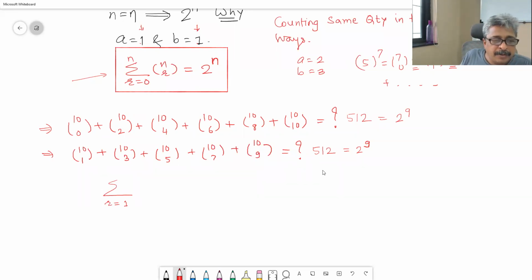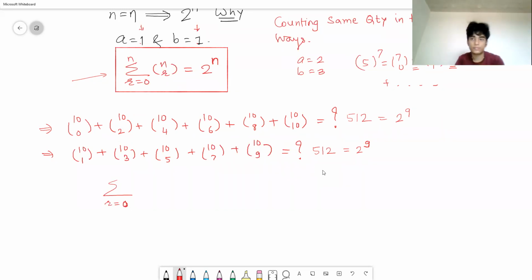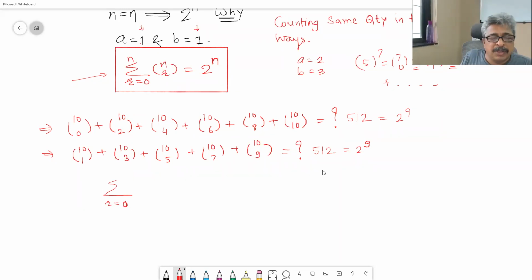First one, let me write, r goes from 1 to, how many terms are there, or maybe r is equal to 0, 0 to 1, 2, 3, 4, 5, 6 terms are there, 6 terms.